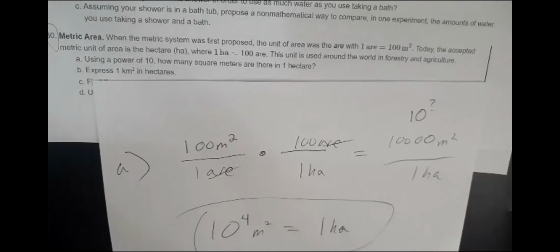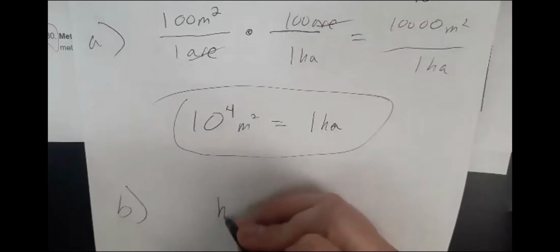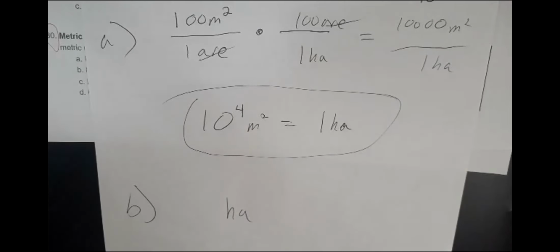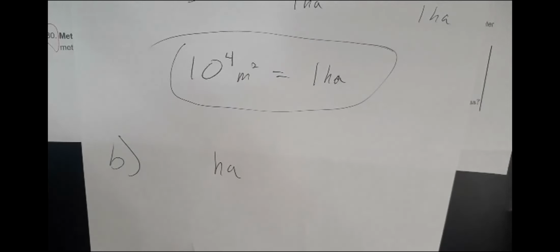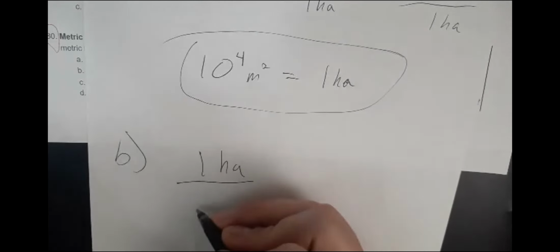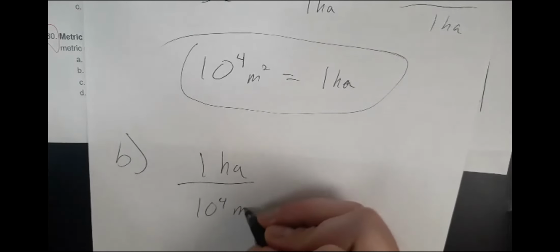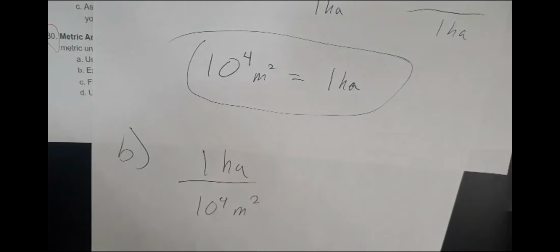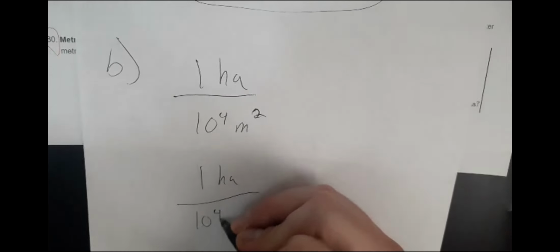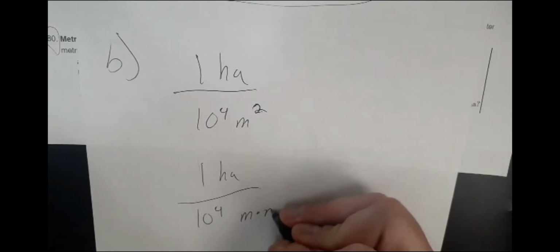We want to express something in hectares, so I want to start out with hectares on top. That's what I want to end up with. I know my conversion is 10 to the 4th meters squared. If it helps, we can rewrite this: 1 hectare is meters times meters.